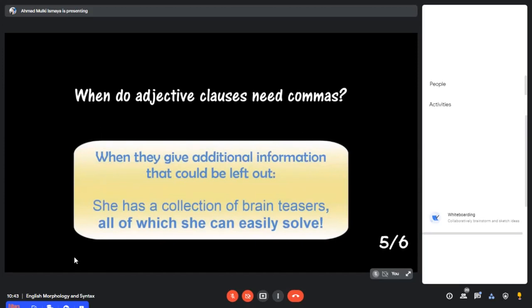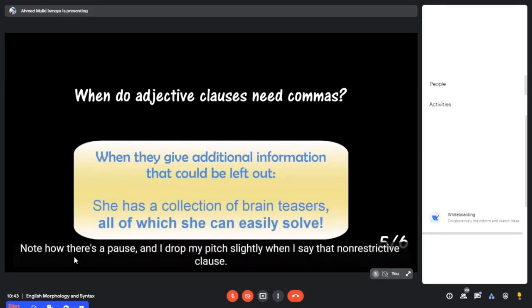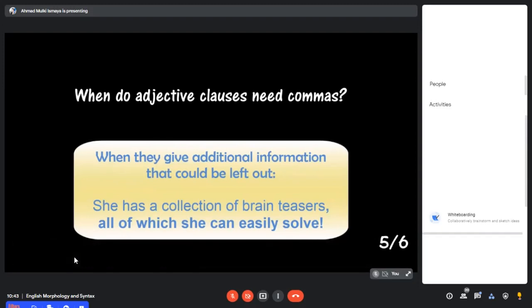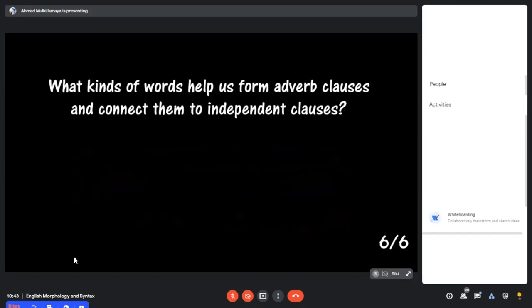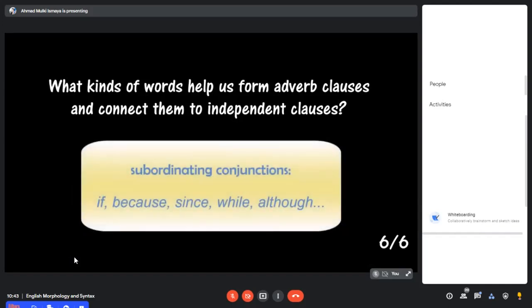She has a collection of brain teasers, all of which she can easily solve. Note how there's a pause and I drop my pitch slightly when I say that non-restrictive clause. What kinds of words help us form adverb clauses and connect them to independent clauses? Subordinating conjunctions. They include if, because, since, while, although.